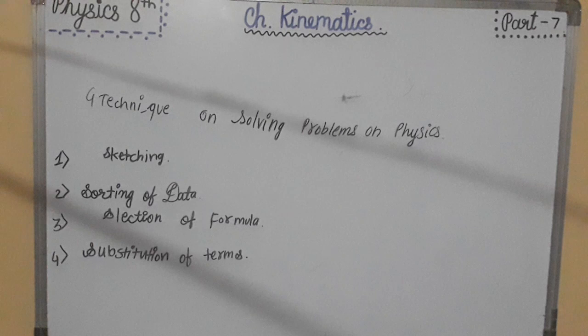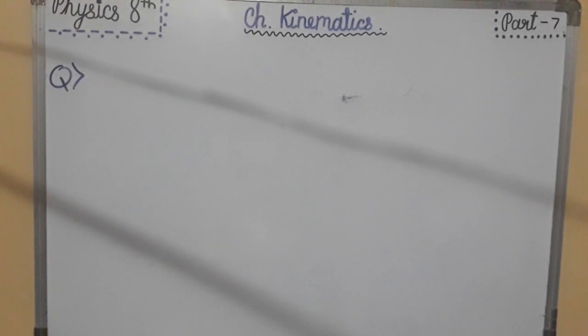So let us solve the problems now onwards by following the above technique. So our first question is that an athlete runs in a circular path of radius 14 meter 10 times in 10 minutes. Calculate its speed in meter per second.